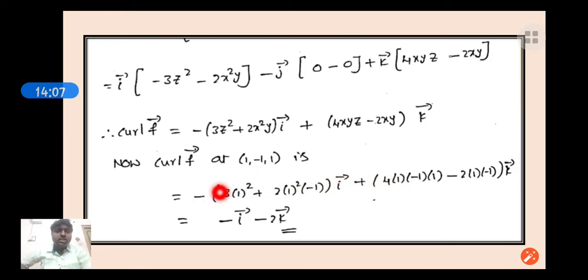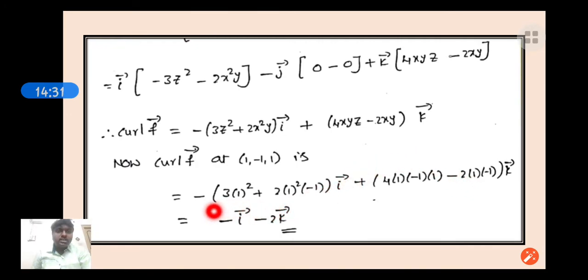So by simplifying this one, 3 minus 2, that is 1, into minus, that is minus i bar. And by simplifying this particular one, 4 into minus 1 is minus 4, plus 2, it is minus 2, so minus 2 k bar.